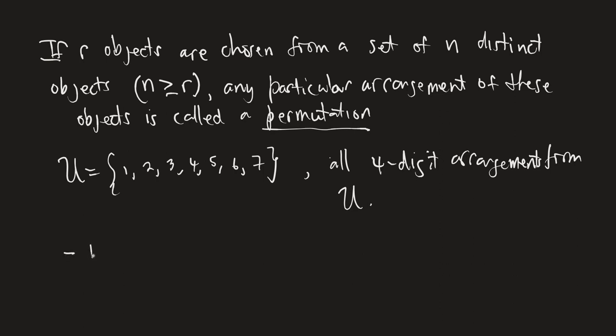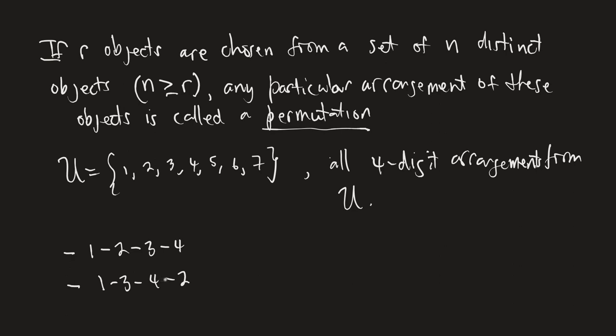You could have something like a combination 1, 2, 3, 4. That's one arrangement. Another arrangement or permutation, a 4-digit arrangement from this universal set, would be 1, 3, 4, 2. Even though your locker combination is 1, 2, 3, 4, not a safe combination anyway, and someone else uses the combination 1, 3, 4, 2, even though the same digits are being used, it's a different arrangement of those 4 digits.